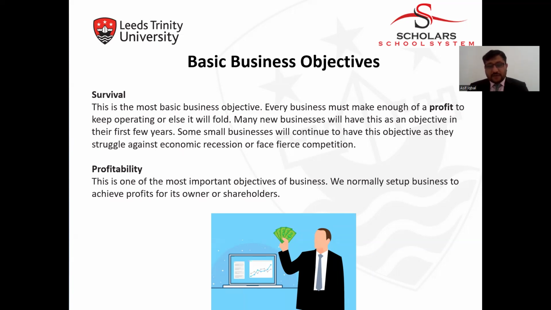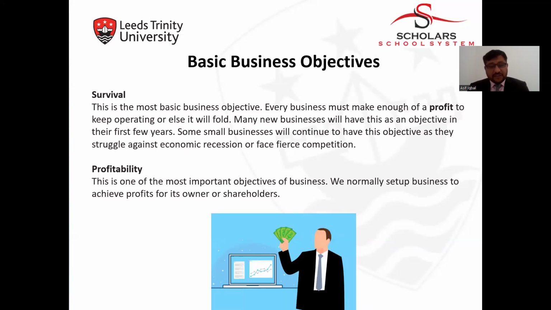Some small businesses will continue to have this objective as they struggle against economic recession or face fierce competition. Small businesses will always have the objective to survive in the market because they are struggling due to the recession, as inflation is very high and unemployment is very high, or the businesses face fierce competition.